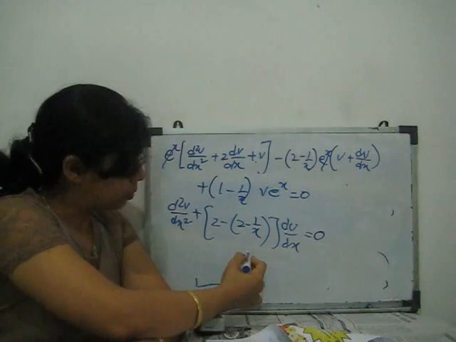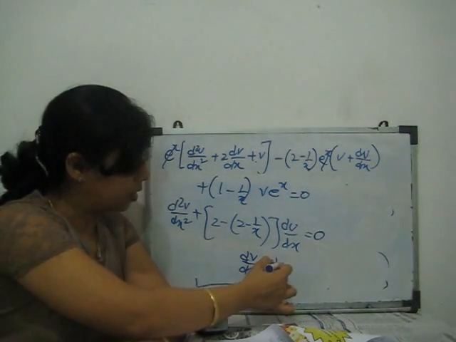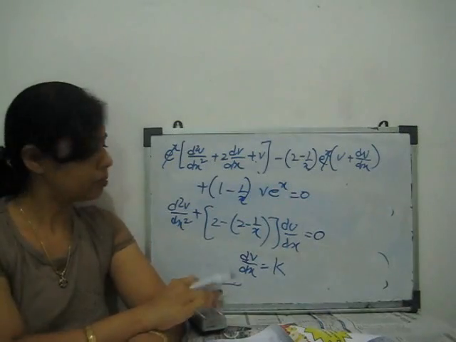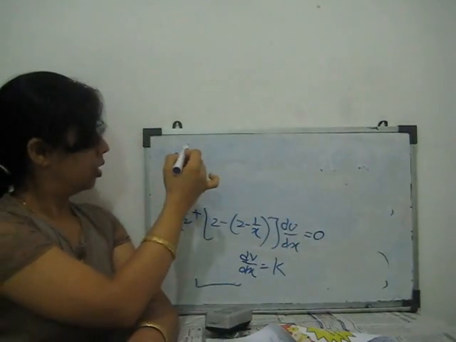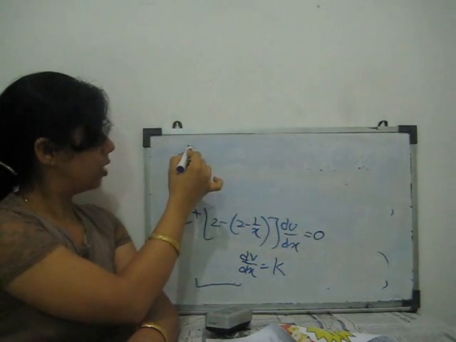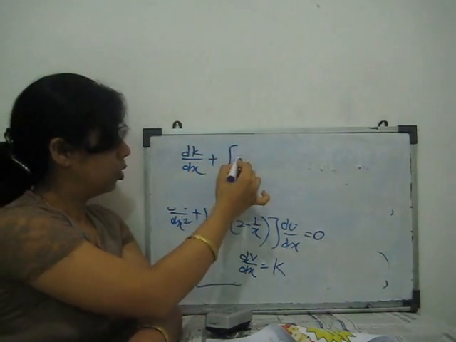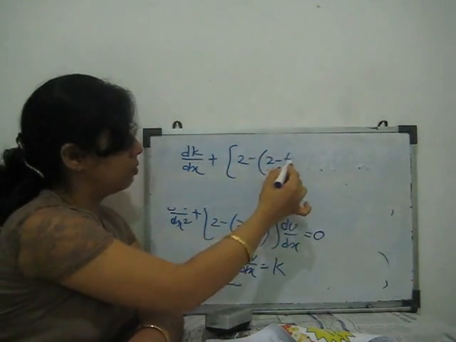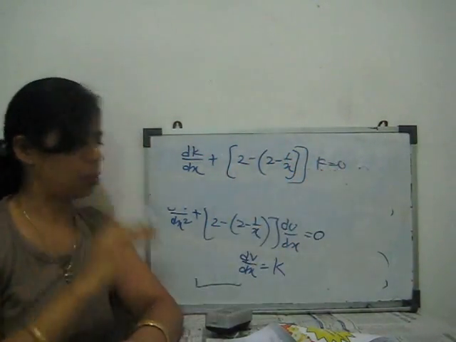Next step, we substitute dv by dx equal to a new variable, which I consider to be k. Substitute here. So when we substitute, d2v by dx square is dk by dx, plus 2 minus 1 by x, k is equal to 0.